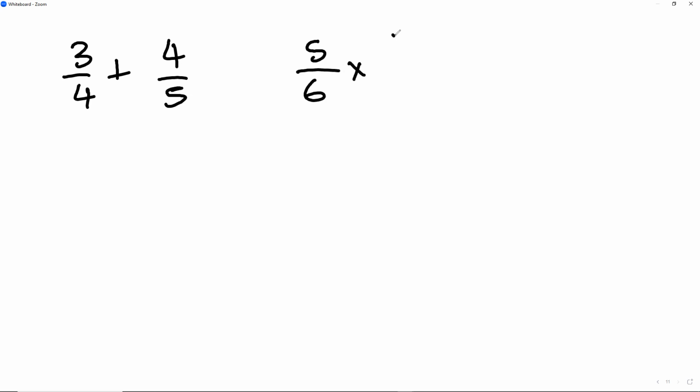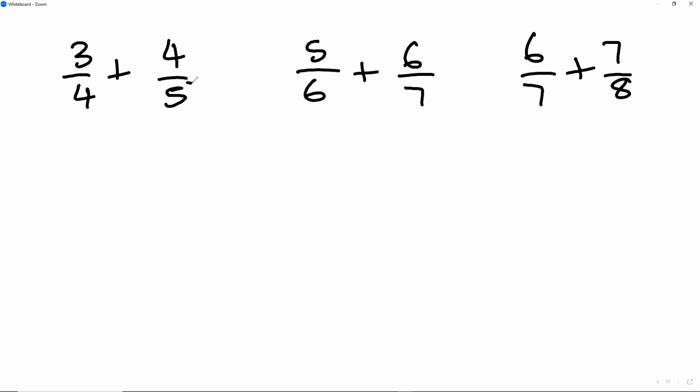Let's do another round of these. Let's suppose I've got 3 over 4 plus 4 over 5, then 5 over 6 plus 6 over 7, and 6 over 7 plus 7 over 8.